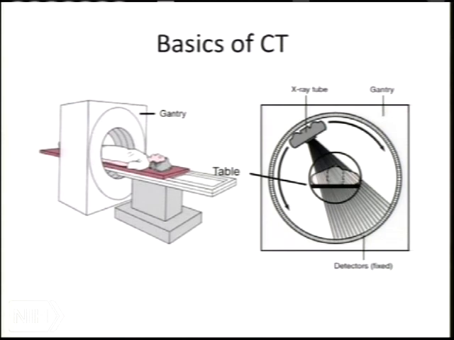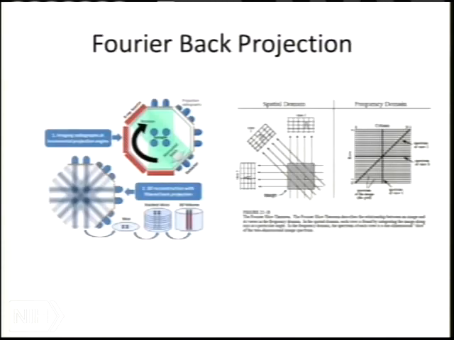There used to be film, but now these are all solid-state detectors that pick up the X-ray, convert the X-ray into a little bit of light, and then that light is detected. And that's the way we begin to gather the information for the image. And then the patient rolls through this on the table so that you scan serial axial sections of the patient.